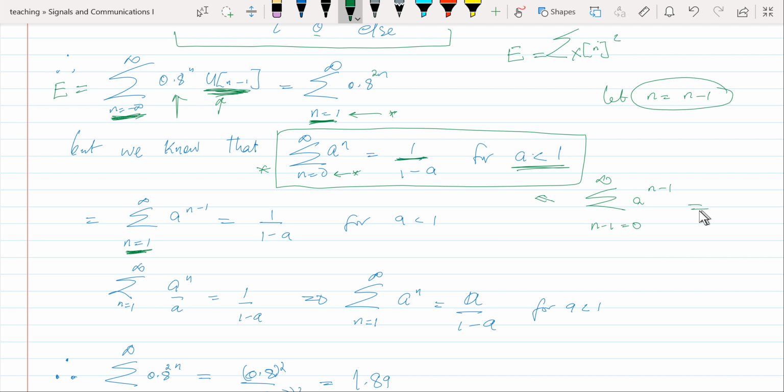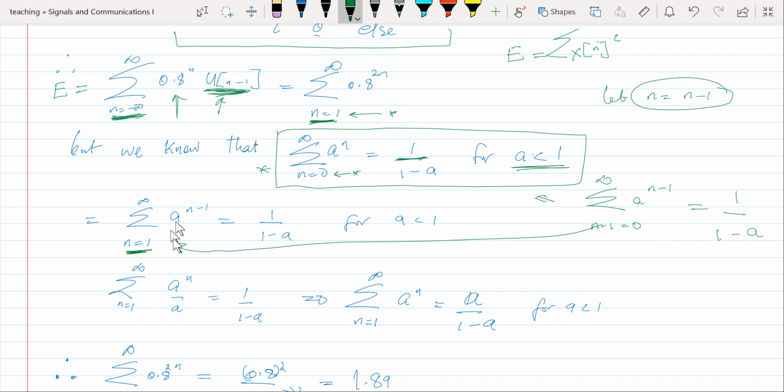So the sum of a to the power n minus 1 from 0 stays the same on the right, 1 over 1 minus a, for |a| less than 1. Having said that, this would be similar to this one, because n plus 1 on both sides simply becomes n equals 1, and this remains as such.